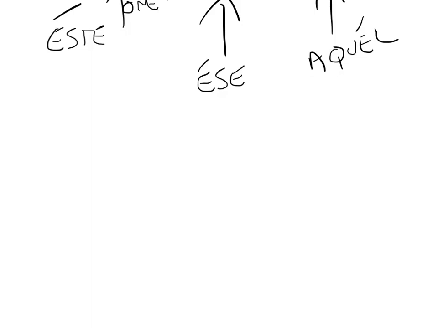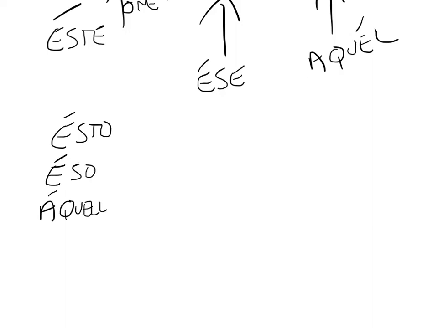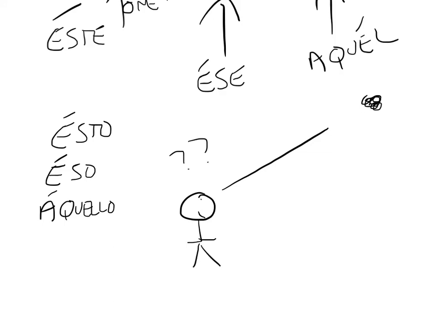The last thing to remember is what I was saying to you before. The only time that you'll ever see esto or eso or aquello, which is very rarely used, is only when you don't know what it is. So if I have my little guy here, and he's looking at something way up in the corner and he doesn't know what that is, and he's very confused, he's going to say, ¿Qué es eso?